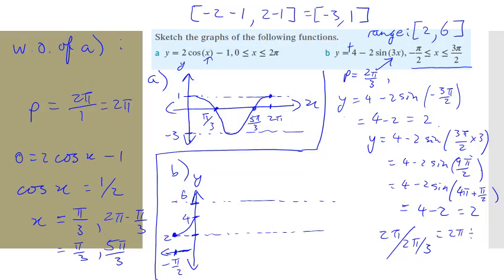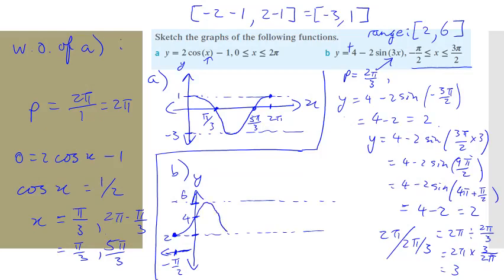If you don't know how to work that out, write it out step by step. 2 pi divided by 2 pi over 3 means you keep the first one, you change the divide to a times, and you flip the second, so you get a 3. So then we just draw 3 cycles.